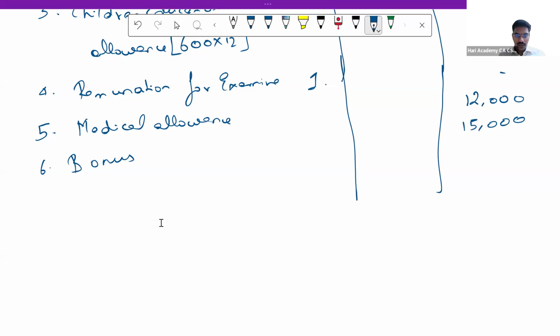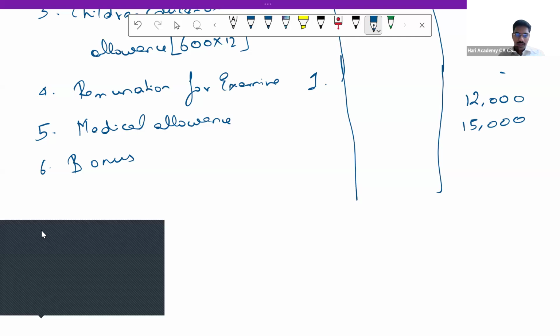The value of perquisite for accommodation by the employer: if it is furnished accommodation, it is given in point number 3.